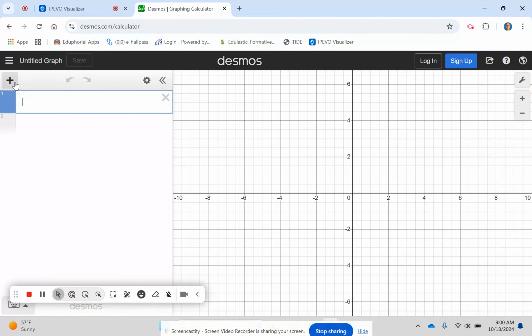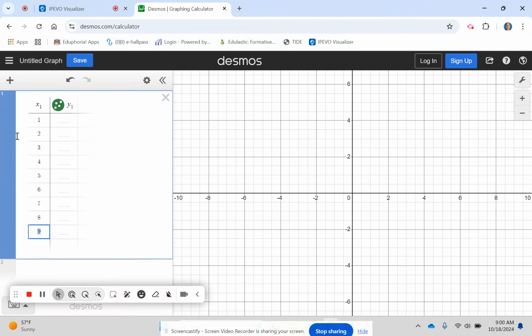Okay, so we're going to go to Desmos, click the plus sign, table, and then we're going to do x1. Alright, now we need to adjust the window so we can see our points.